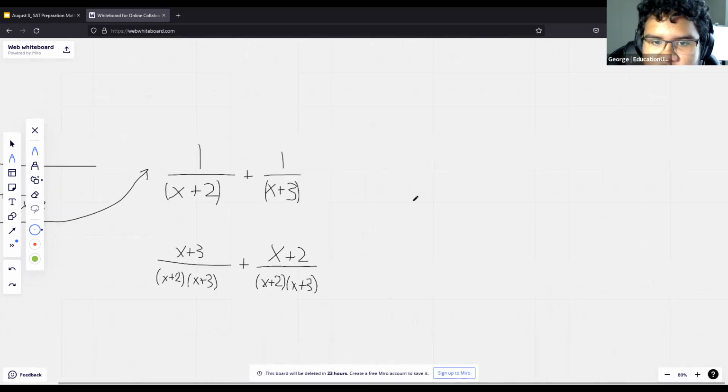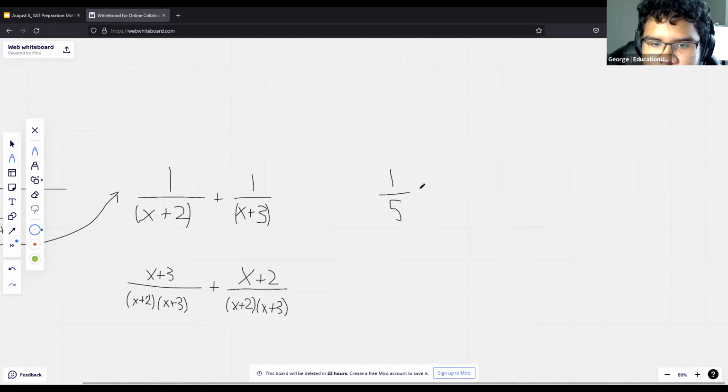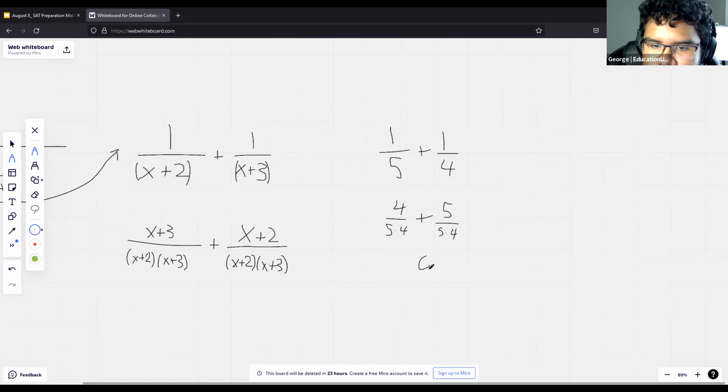It's basically the same thing as trying to add 1 over 5 plus 1 over 4. We basically just find a common denominator to add them by. So we could do 4 over 5 times 4 plus 5 over 5 times 4, and we end up with 9 over 5 times 4, which is just 9 over 20.